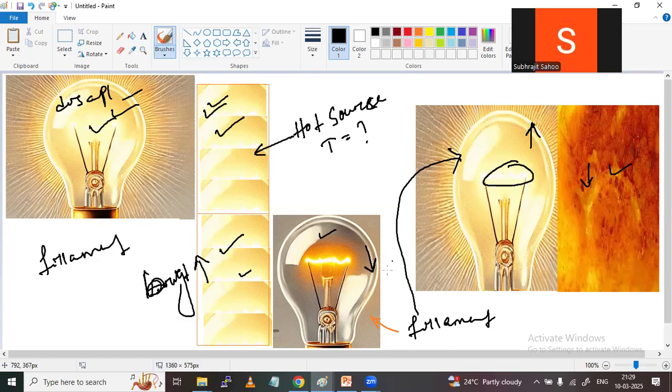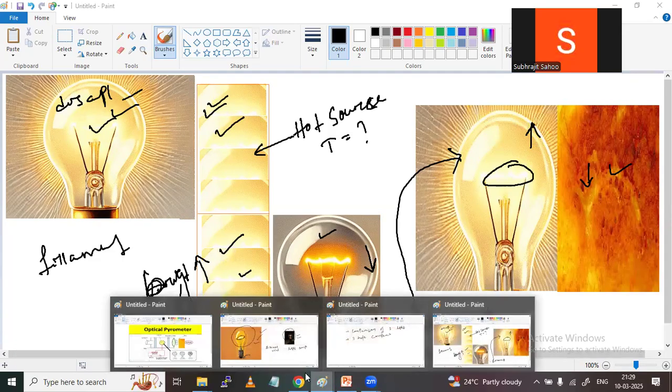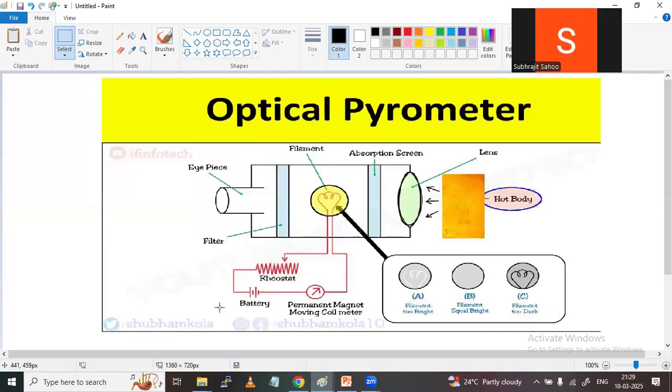Now let us come back to the construction of this optical pyrometer. Very interesting construction. Sir, what is the arrangement? This is the hot source, you assume, whose temperature is to be measured. It is written here, hot body. From this hot body, the light will pass, not radiation. Obviously radiation will also go, but we will focus much more on the light, the brightness of that hot body.